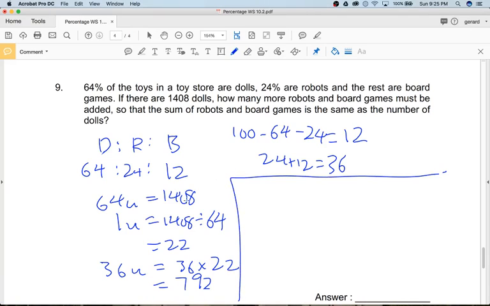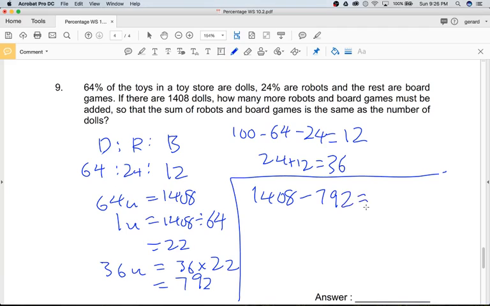Because 36 units is 792, but what they actually want you to find is how many more robots and board games must be added so that the sum of the robots and board games is the same as the number of dolls. The number of dolls is 1408. So all you need to do is take 1408 minus 792, and you get the answer.